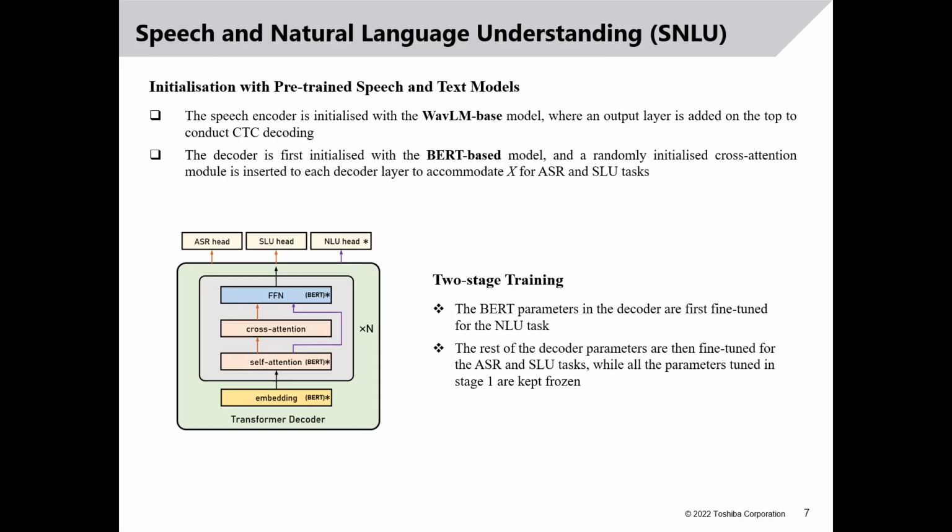In this case, a two-stage training was carried out. Firstly, we train the BERT parameters in the decoder on the NLU task. At a later stage, we freeze these parameters and fine-tune the remaining decoder parameters for ASR and SLU, together with the cross-attention parameters.